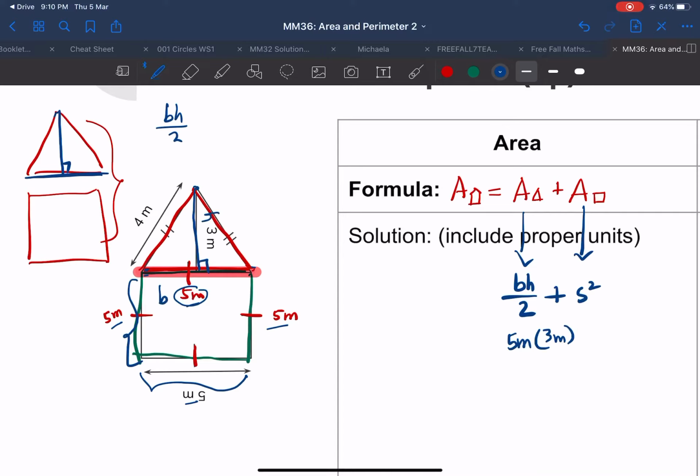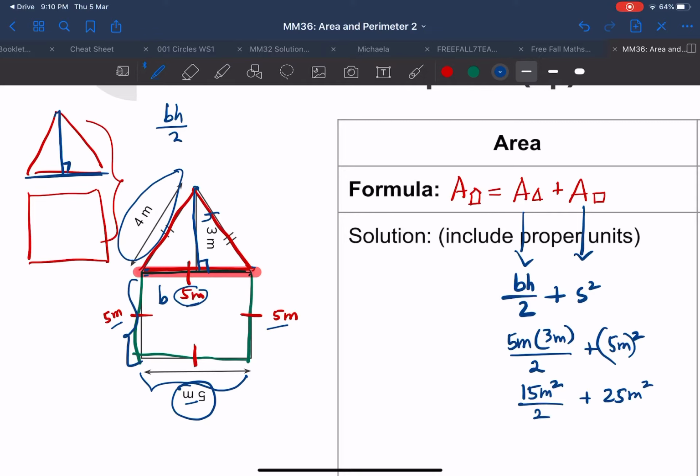Now, a lot of you said the height was 4 meters. No, that is a side of the triangle. It's not the height, okay? So, over 2 plus S squared, S being a side, so 5 meters squared. 5 times 3 is 15 meters squared divided by 2, plus 25 meters squared.